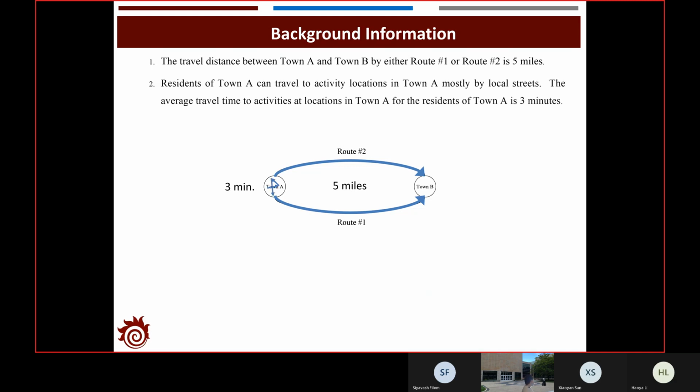For the residents in town A, they need about 3 minutes to complete the trip for any activity. For town B, the travel time is determined by the conditions on these two routes. We also have some assumptions about the price of the activity. The price of the activity in town A is $4, and in town B $6.